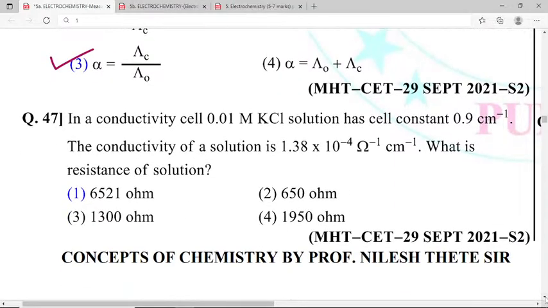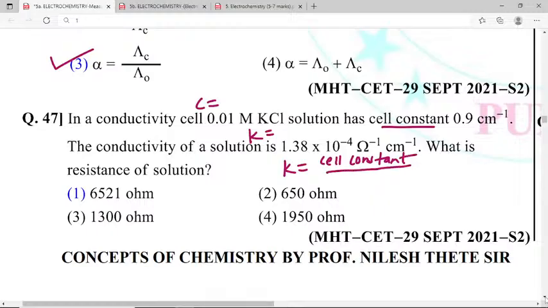In a conductivity cell, concentration is given, cell constant is given, and conductivity is also given. Resistance we have to calculate. Conductivity is equal to cell constant divided by resistance.